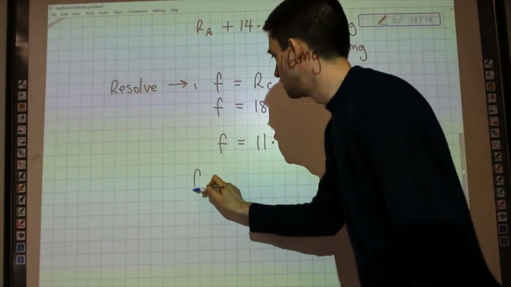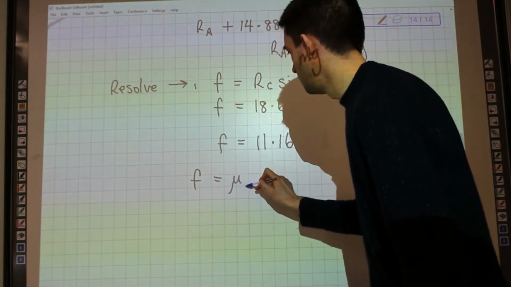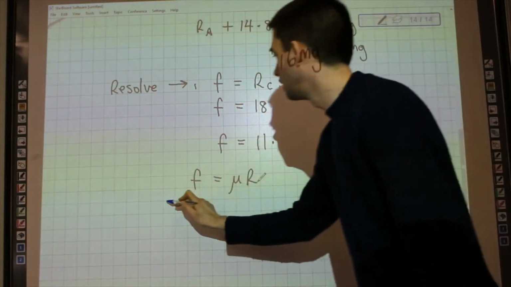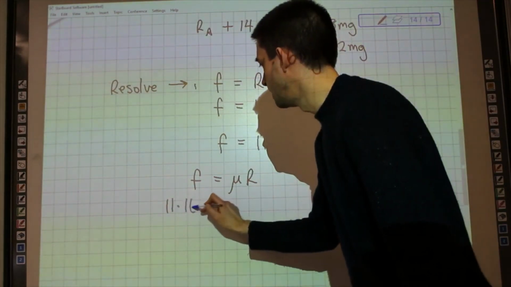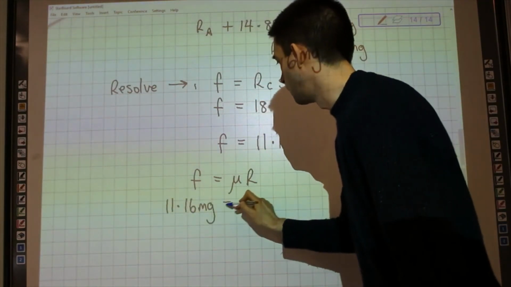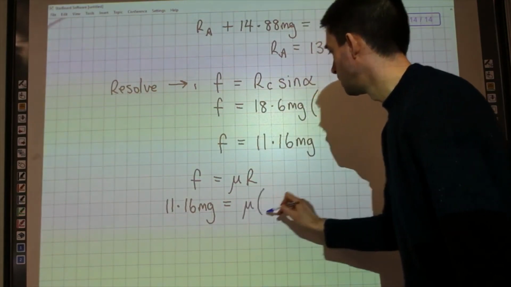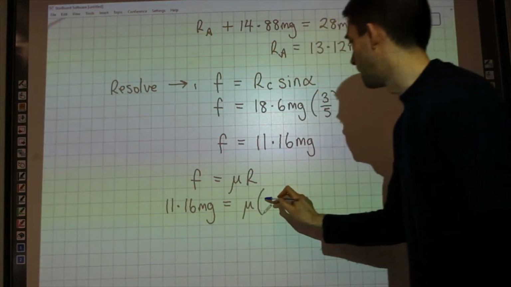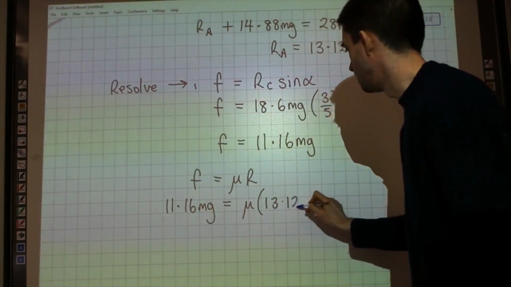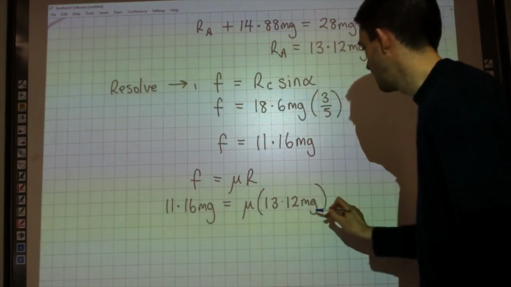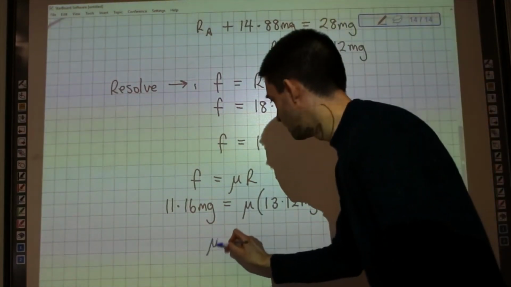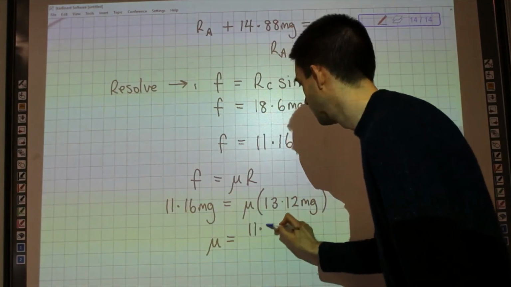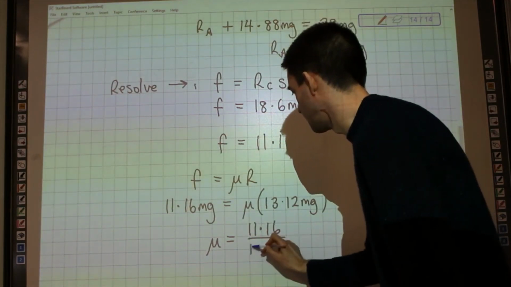I'm then going to use that friction is mu times R, maximum friction, which we knew is what we're dealing with. 11.16 mg equals mu times by 13.12 mg. Now when I divide, those mg's are going to cancel out with each other.